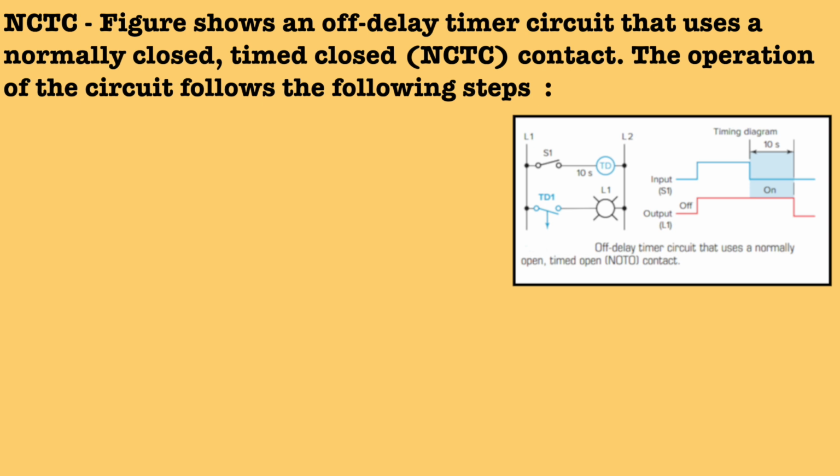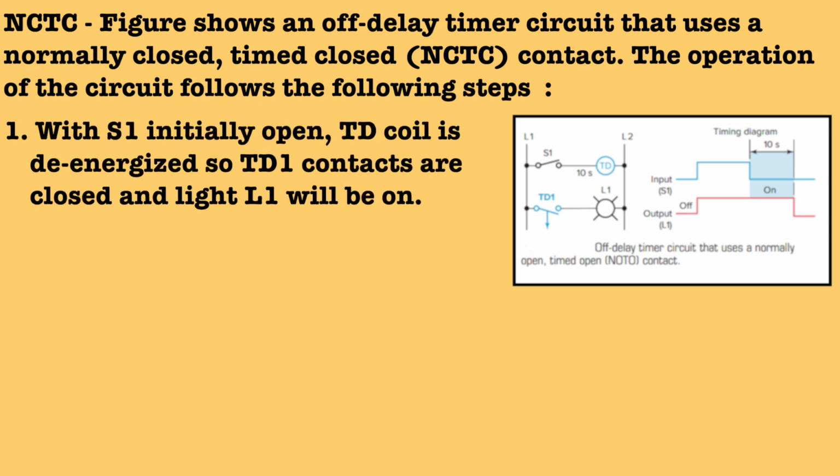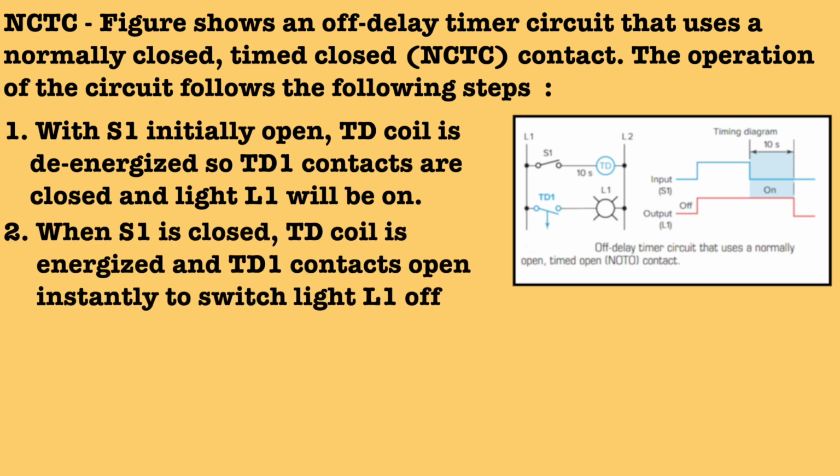The operation of the circuit is also shown in the timing diagram. In the first step, with S1 initially open, the TD coil is de-energized, so TD1 contacts are closed and light L1 will be on. In the next step, when S1 is closed, the TD coil is energized and TD1 contacts open instantly to switch light L1 off.